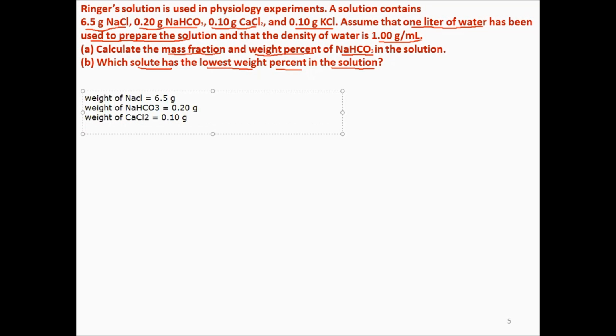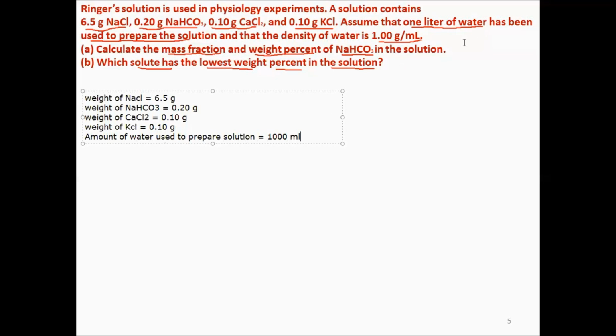Next is the weight of KCl, equal to 0.10 gram again, and the amount of water used to prepare the solution, which is 1 liter of water.